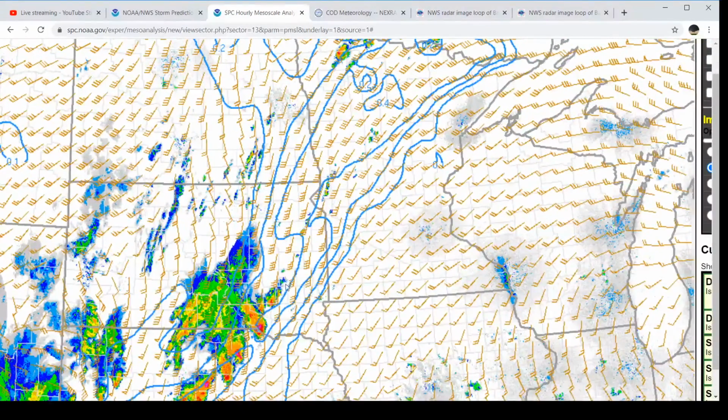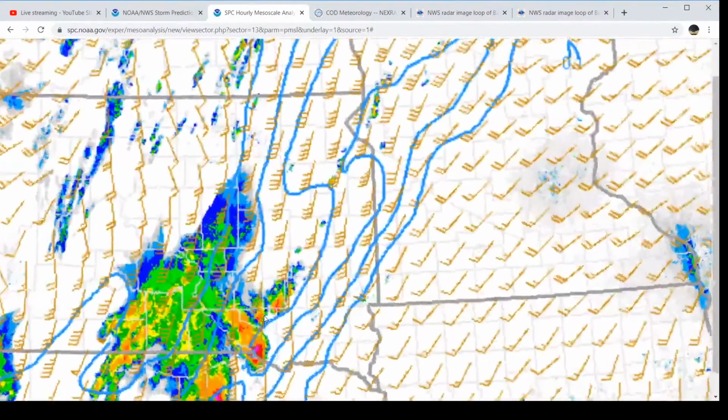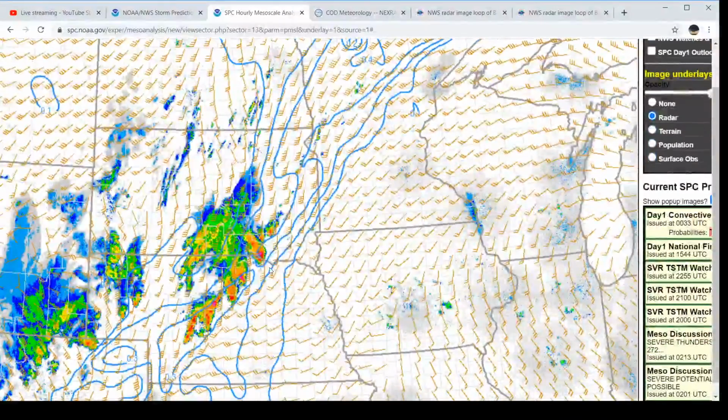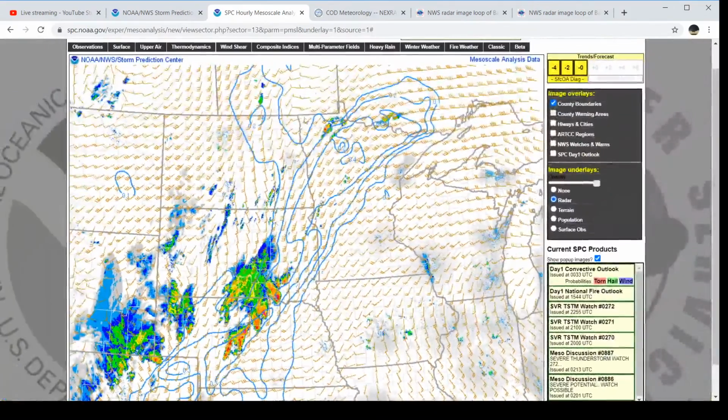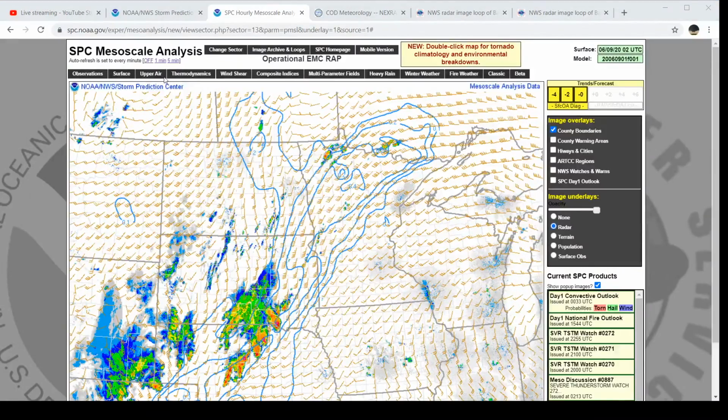As we can see, what's this line? You gotta find that number. 0.3. So this number is relatively high. Okay. And in case y'all don't know what this is, vorticity generation parameters.